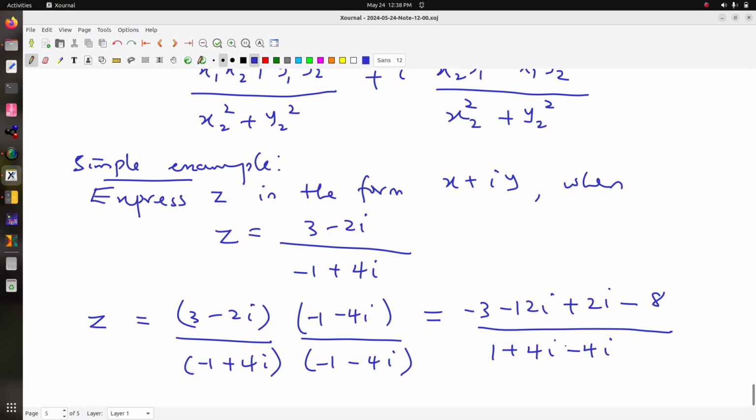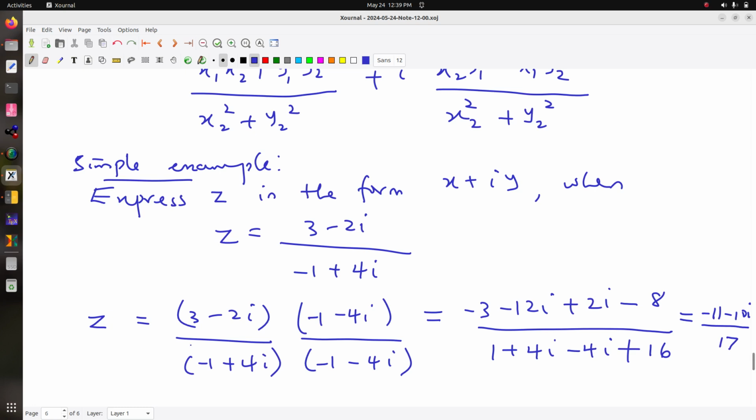Then plus times minus is minus, 4i times 4i is minus 4 squared, which is 16, so this will be plus 16. At the end of the day, minus 3 minus 8 is minus 11, minus 12i plus 2i is minus 10i, then divided by 4i minus 4i, 0, and 1 plus 16 is 17.